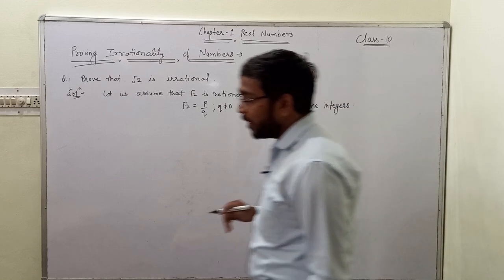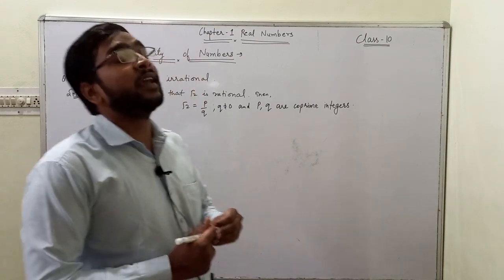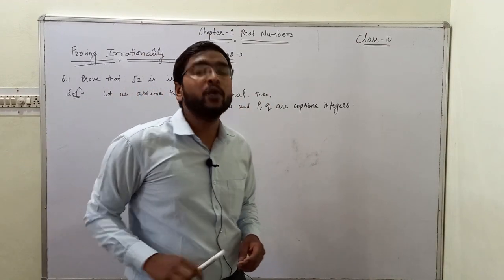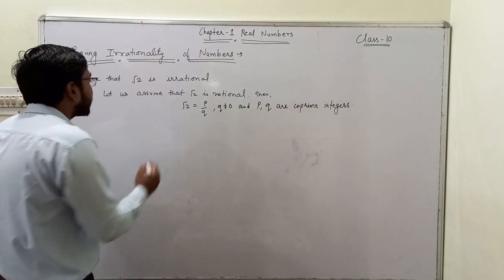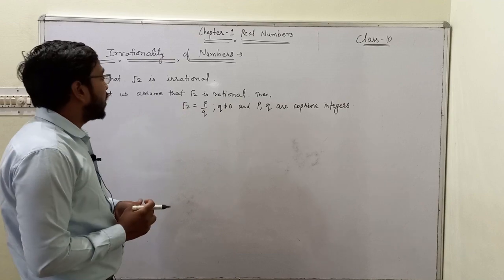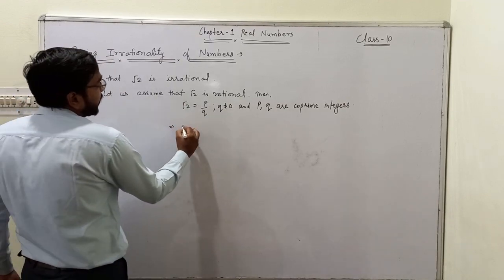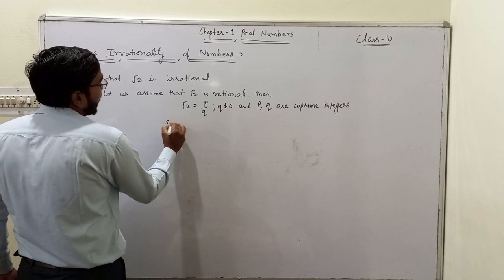If you do not know what co-prime integers are, then again I must say watch the video that I told you to watch. Now we have an equation. On squaring this equation, what do we get?